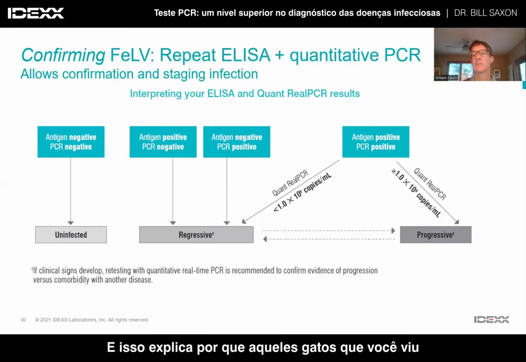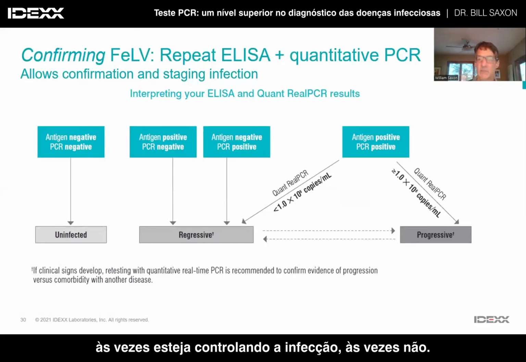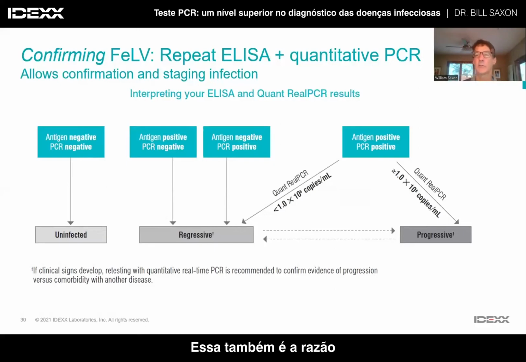And this explains why those cats you've seen that have results that are sometimes positive and sometimes negative, we tend to think there must be a mistake at the lab or the test isn't right. It could just be that the cat's immune system is sometimes controlling the infection, sometimes it isn't. This is also the rationale for why any sick cat needs to be tested for FeLV regardless of prior status.